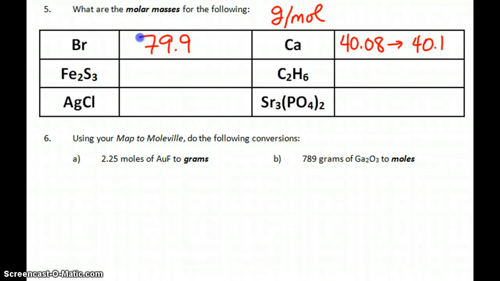Iron(III) sulfide. Iron is 55.8. Sulfur is 32.1.